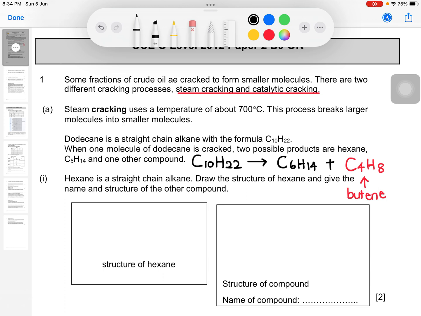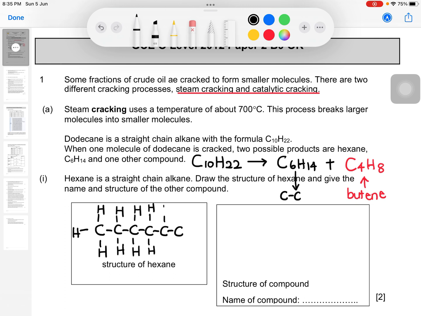So hexane is C6 and it is saturated, so it will have carbon to carbon single bonds. Okay, so this is the structure of hexane.